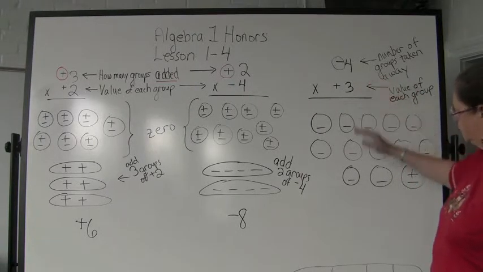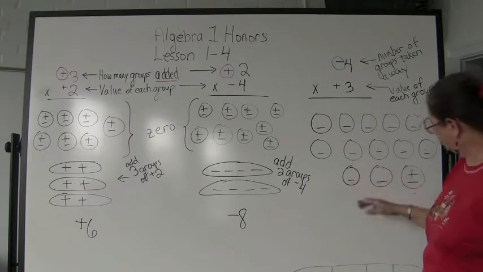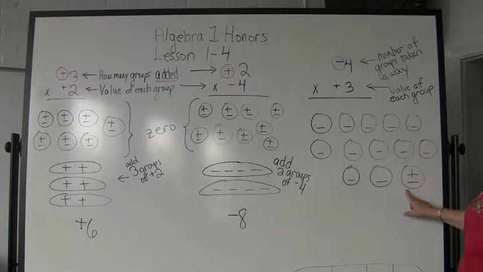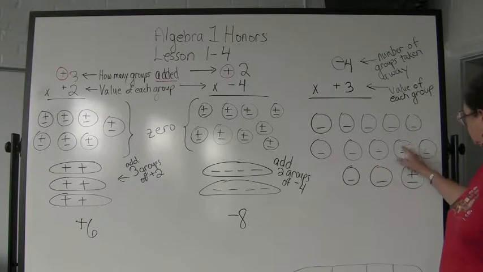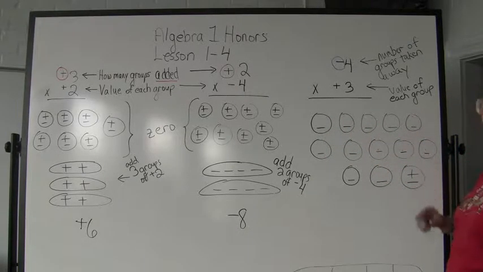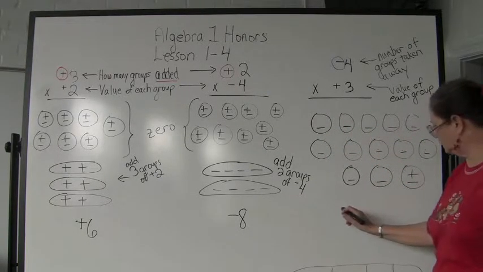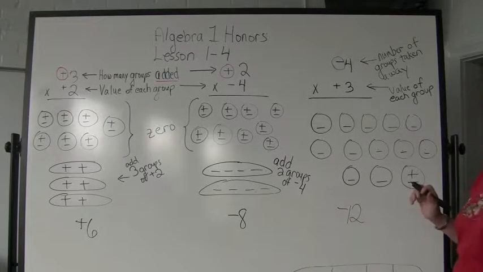So if we take away 4 groups of +3, we're going to have, let's see, this one's a 0, so he doesn't count. We have 1, 2, 3, 4, 5, 6, 7, 8, 9, 10, 11, 12 minuses. So our answer is -12.